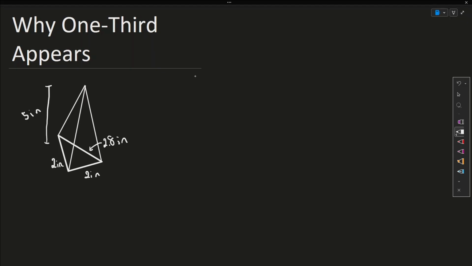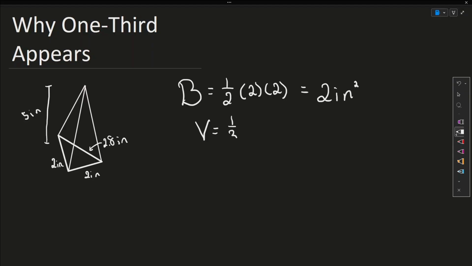So let's first start by finding the area of the base. It's a triangle, so 1/2 base times height, which will be 1/2 times 2 times 2, which gives me 2 square inches. So now let's use the pyramid formula. Volume is 1/3 times the area of the base times the height. We know the area of the base is 2, and the height is 5.